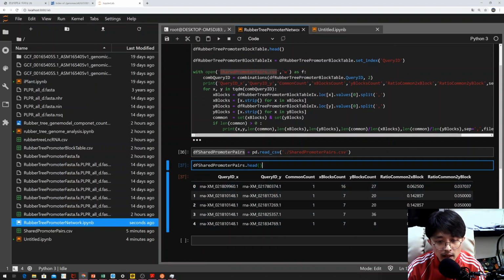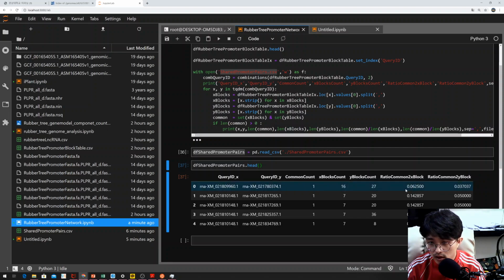Then you can see the pairs. One of our students is familiar with protein-protein interaction networks, where protein A and protein B interact based on yeast two-hybrid, but here A and B are related by region, that is the promoter block. In this case, you can see the common count is 1. So only one count is shared and the other count is not shared.